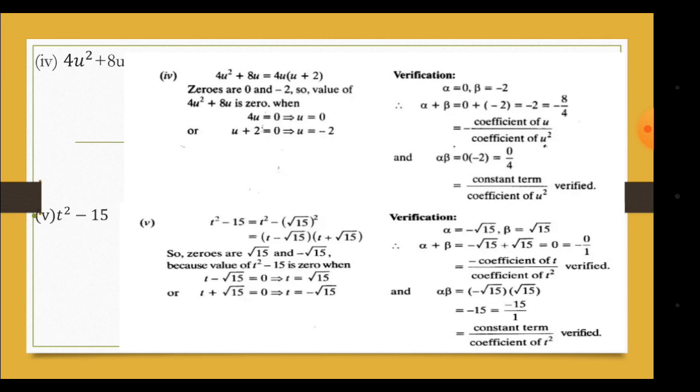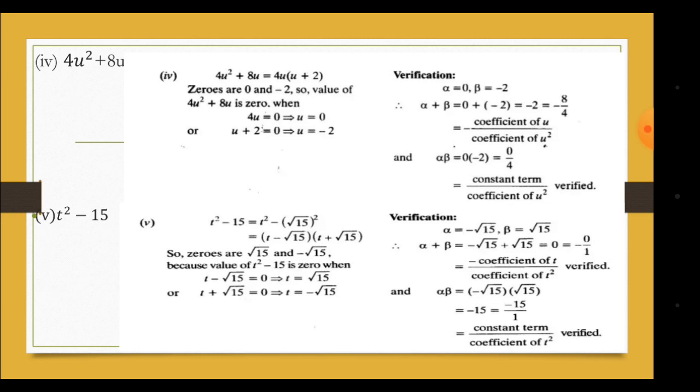Now we have to verify the relation. Here first zero is 0, so alpha equal to 0, and second zero we got minus 2, that means beta equal to minus 2. And value of A is 4, B is 8, and C, the constant term, is missing in this polynomial.